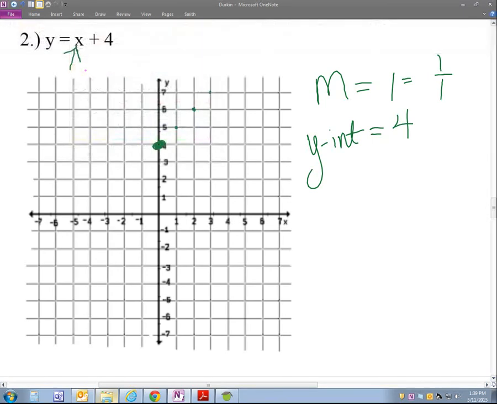And I'm going to make it pink. Because all you really need are just 2 points. In order to make a line, you just need 2 points. Okay?